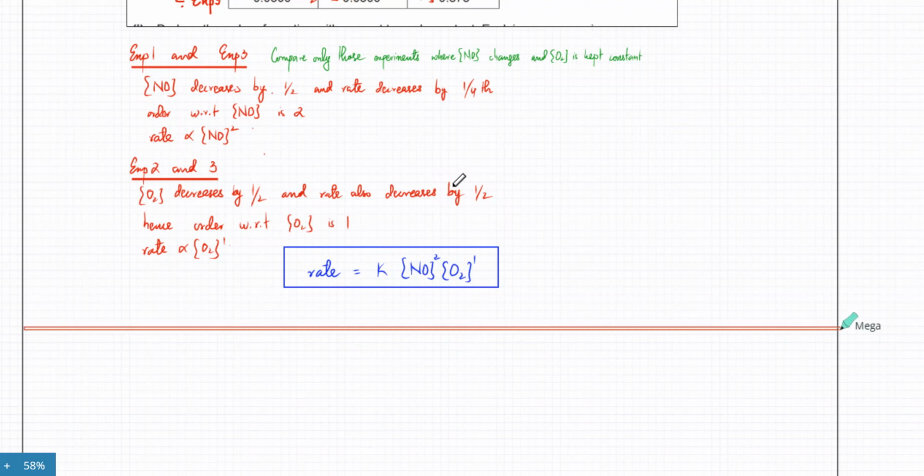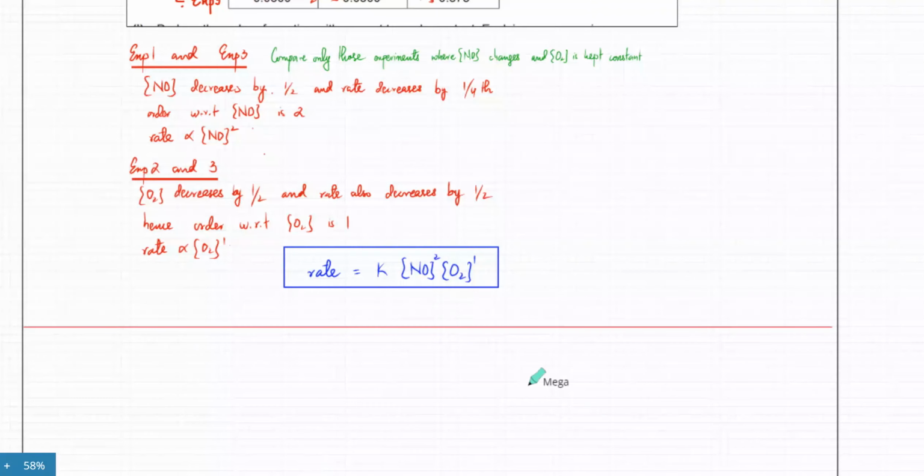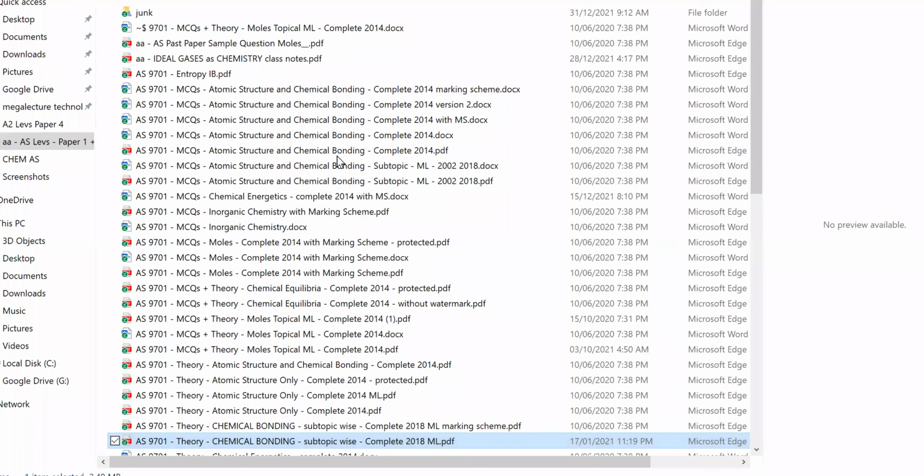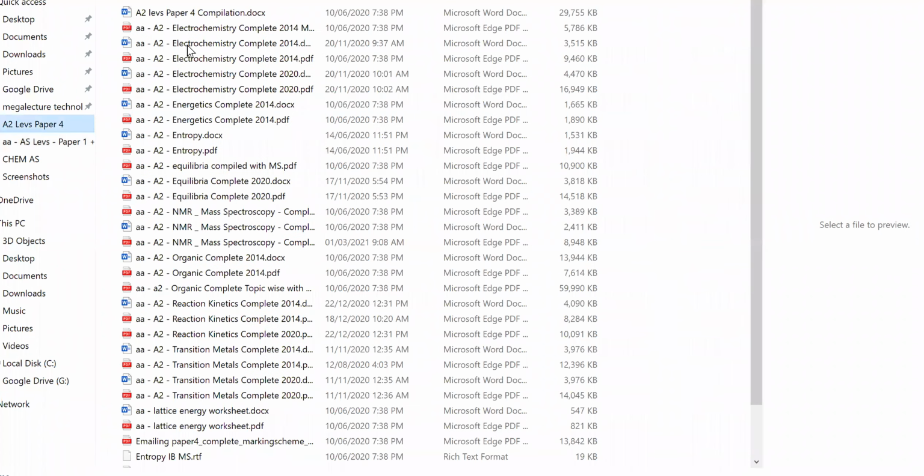Now, things are not going to be this easy. You get a lot of questions on tables. So let's look at the worksheet, 2020.